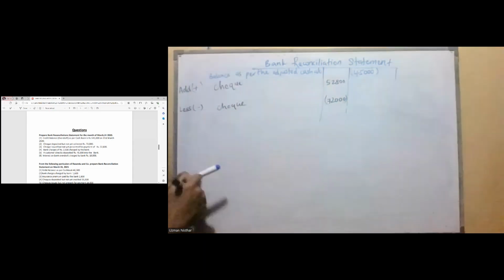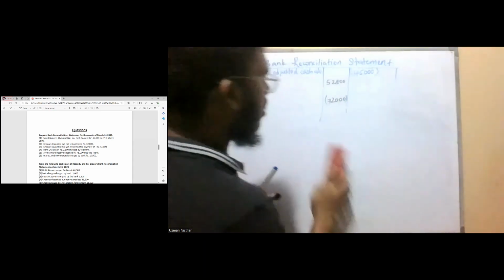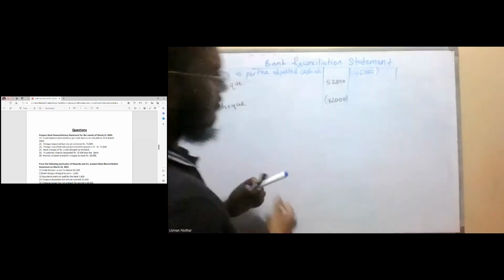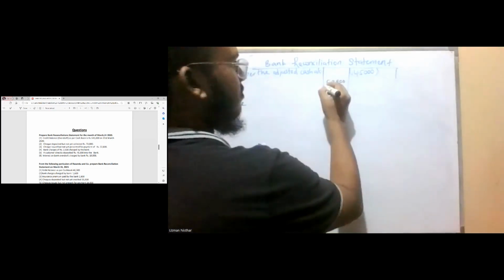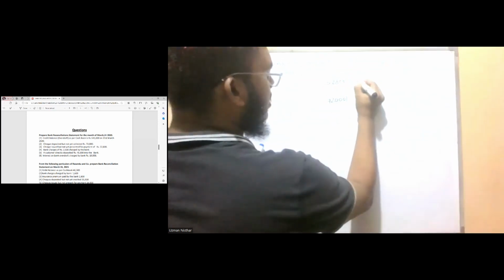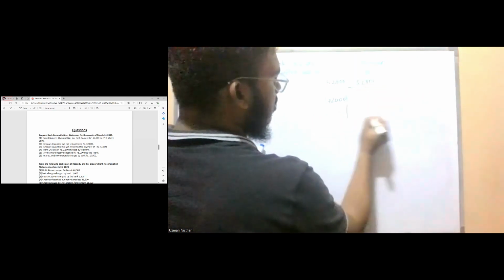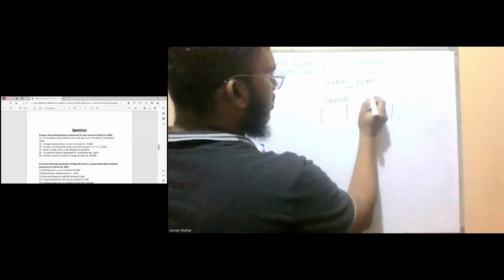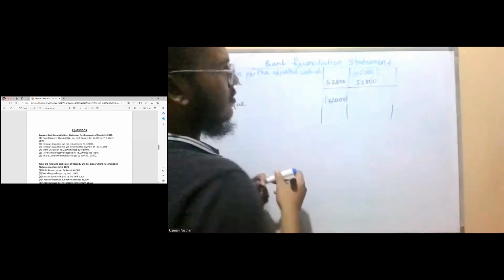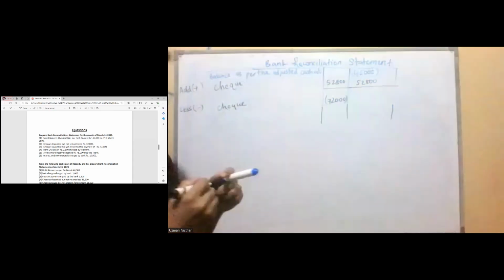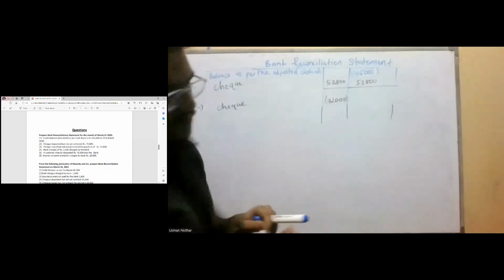So here, when we consider this, we should add this 52,800. We should subtract this because this is minus addition.